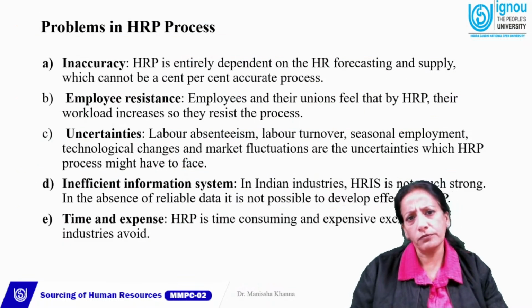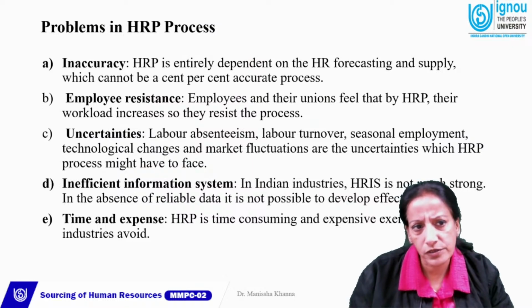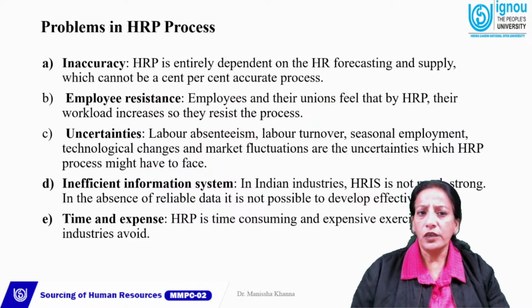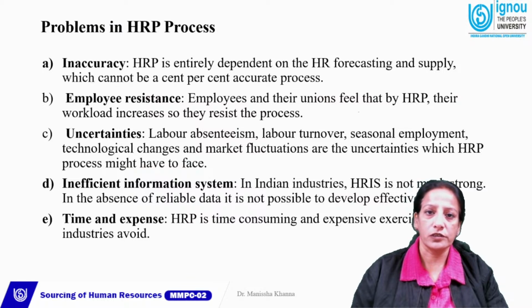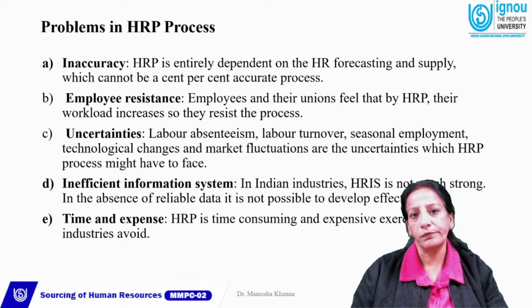There are certain problems in human resource processes. First can be inaccuracy. If it is not done properly, the analysis of forecasting and supply cannot be 100% accurate sometimes. If there is inaccuracy, it is very difficult to recruit and further replan the human resources.